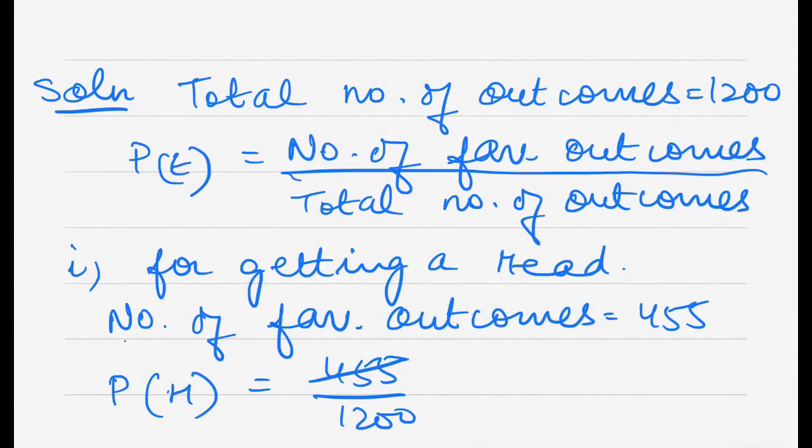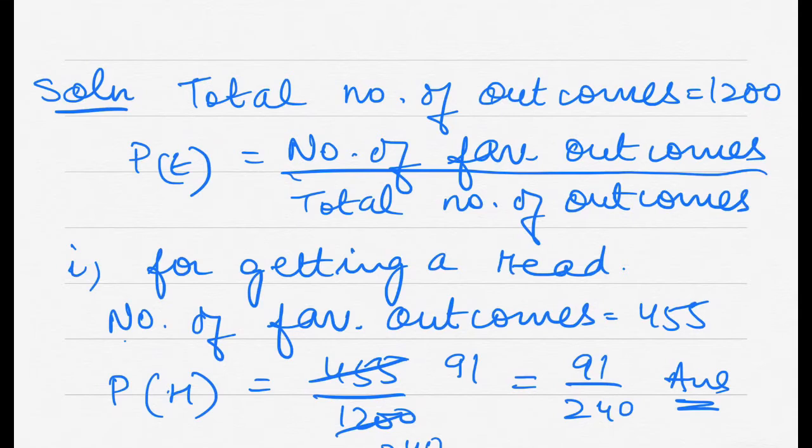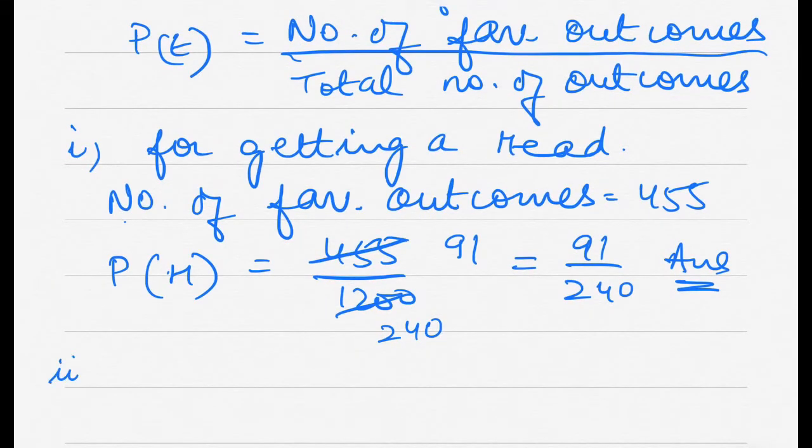This will go by 5: 5 nines are 45, 5 ones are 5, and 5 twos are 10, so 91 by 240, that will be my answer.